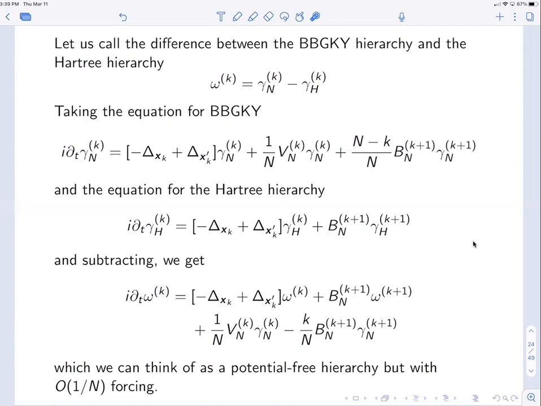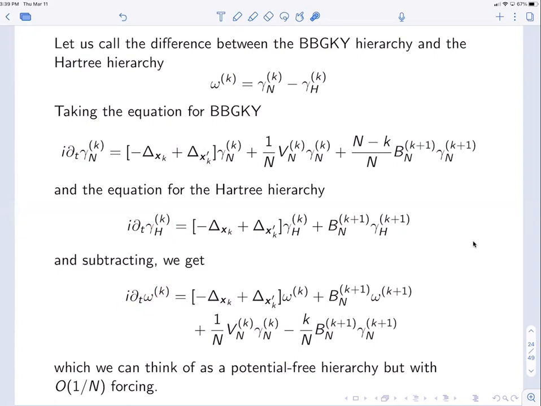So we take the equation for BBGKY here, so it includes the potential term, and then we take the Hartree hierarchy that I had written down before, which is solved by gamma h upper K, and then when we take the difference of the two, on the left-hand side we get gamma nk subtracting gamma hk, so that is omega, and so it's i dt omega k.